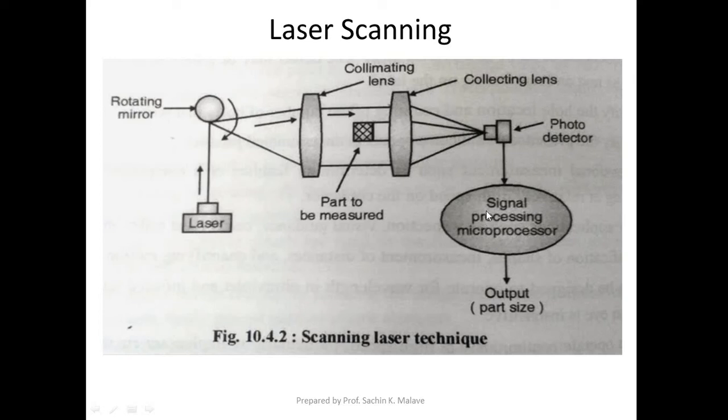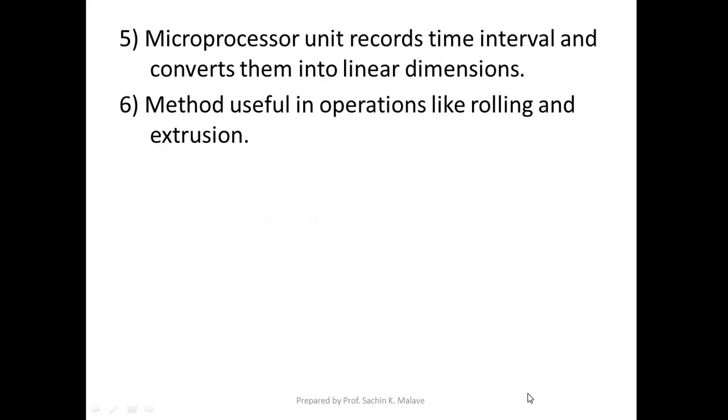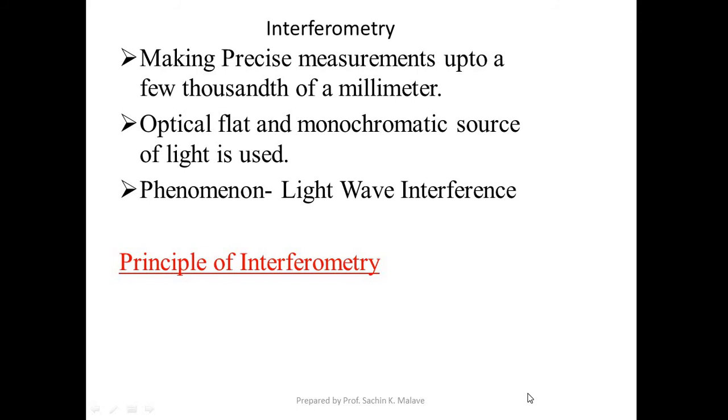So here the accurate measurements are done with this type of technique. This method is basically useful in metal forming operations like rolling, wire extrusion, etc. This is another example of a laser technique. Then whatever we discussed is written over here.